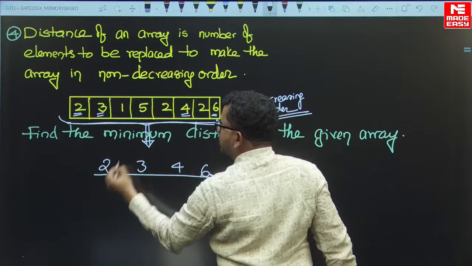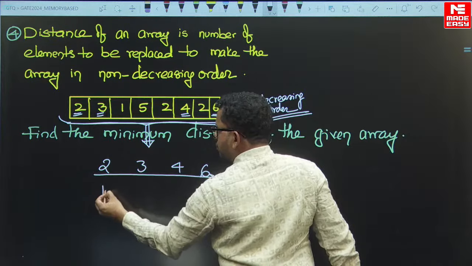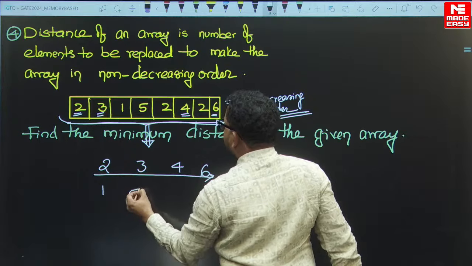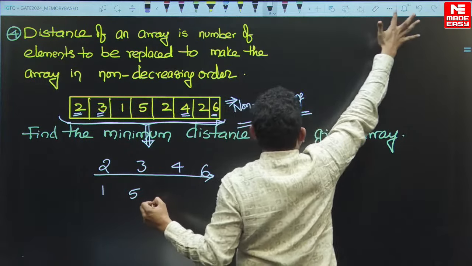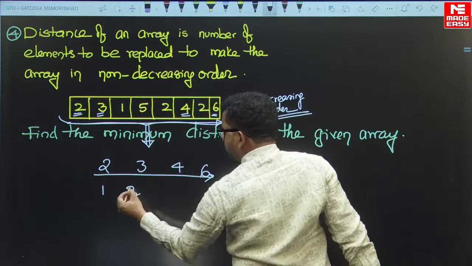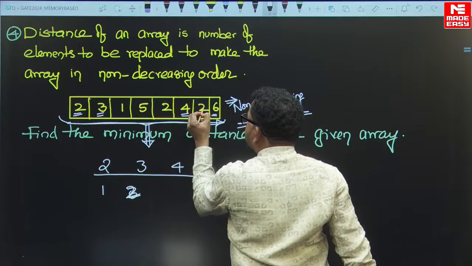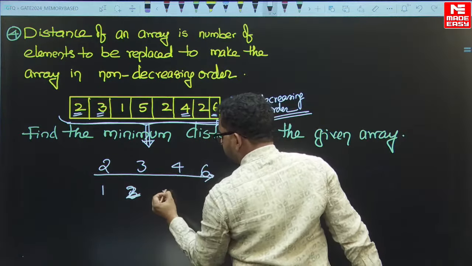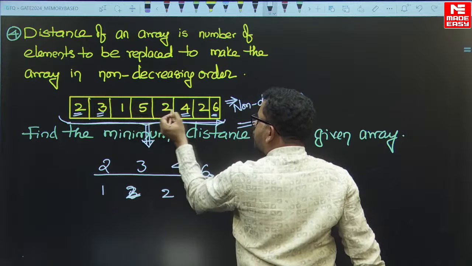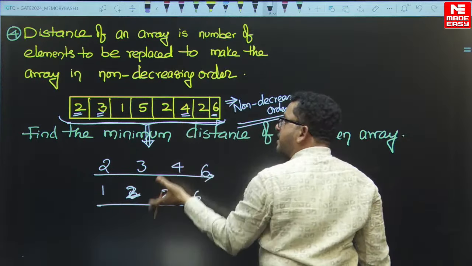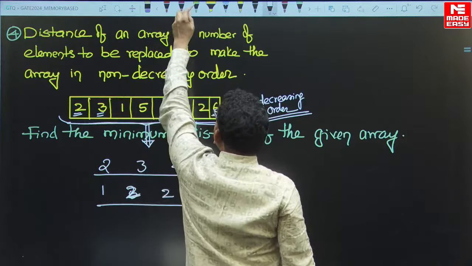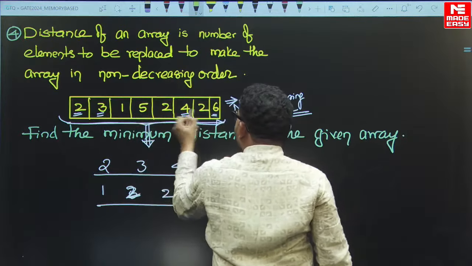For example, if you take 1, 2, 2, 6, or 1, 2, 4, 6, that is also 4 elements already in sorted order. How many elements are left?